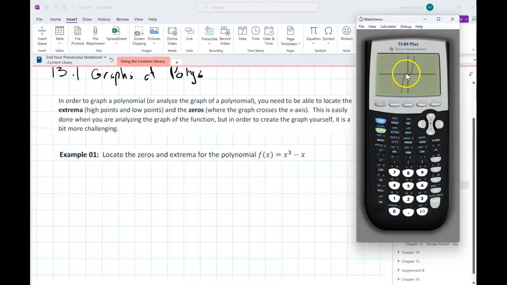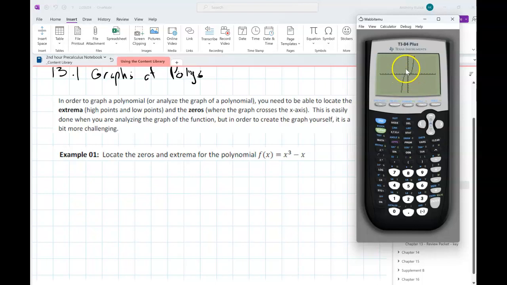So if I look, this is the part of the graph. Pay attention, please. This is the part of the graph I'm primarily interested in, right? Everybody agree with that? That looks like where all the extrema and the zeros are.